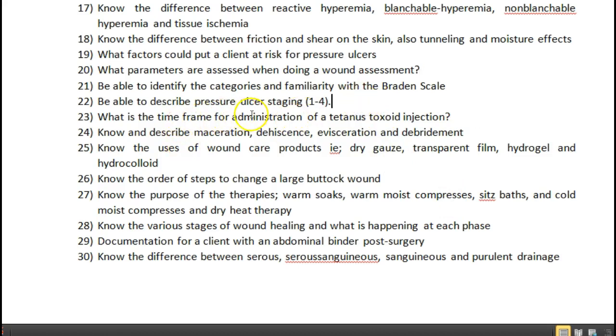Also, what is the time frame for administering a tetanus injection? No, that's within 10 years.